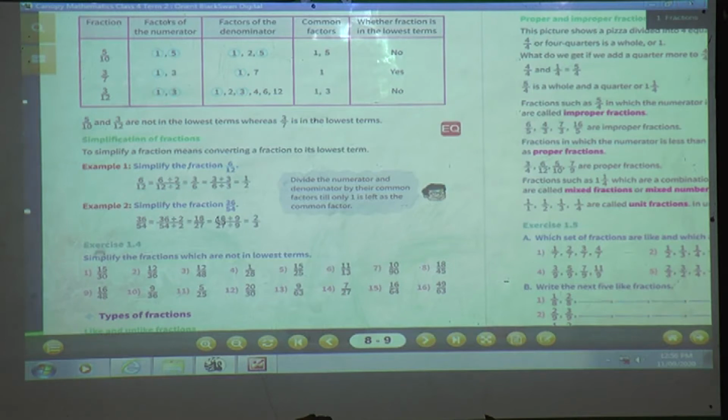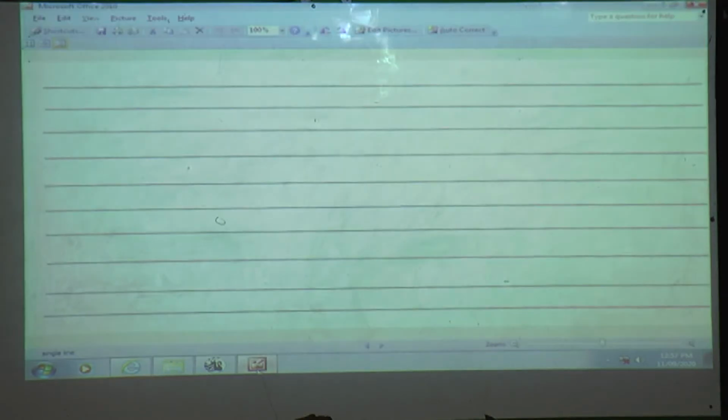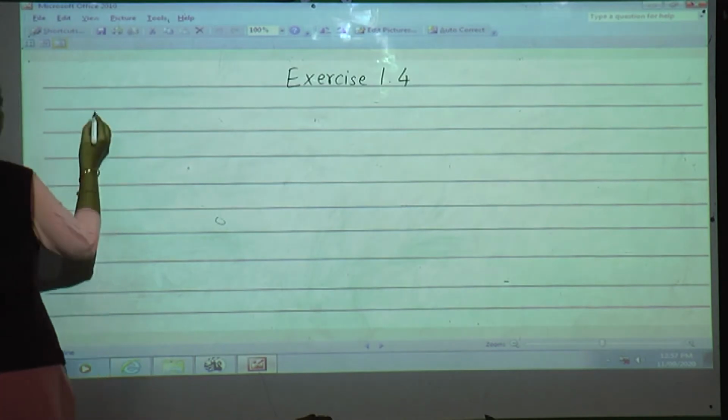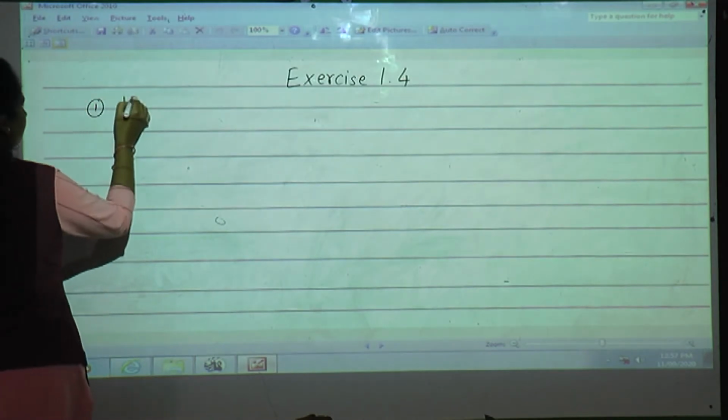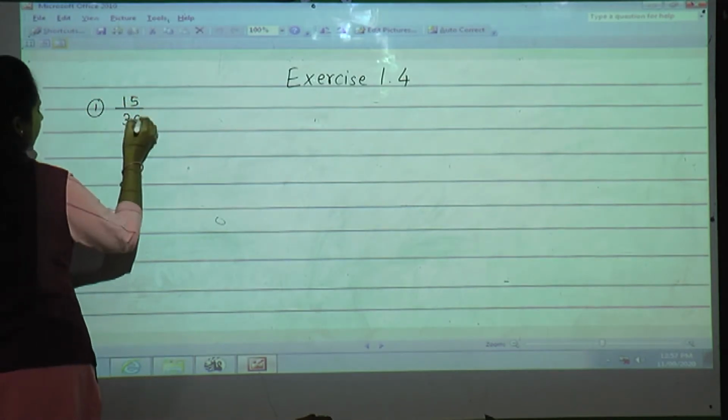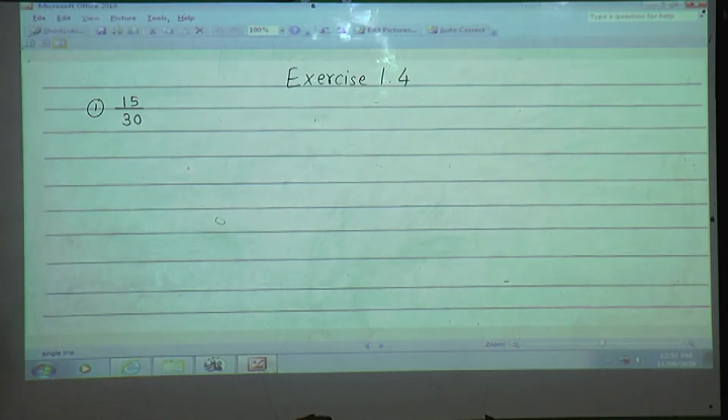Now we will solve our exercise 1.4, simplify the fractions which are not in lowest term. Now we will start one by one. First one, 15 upon 30. Now what to do? What are the steps of simplification of fractions students?